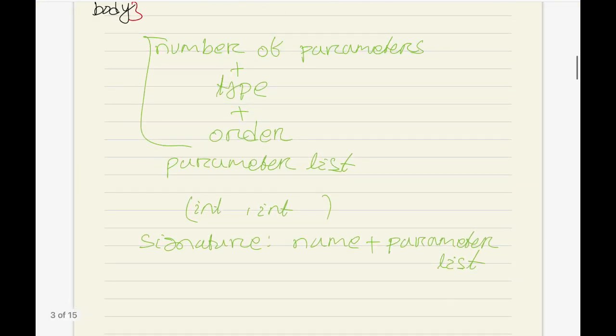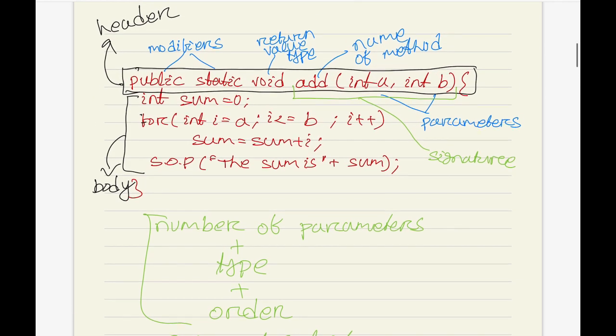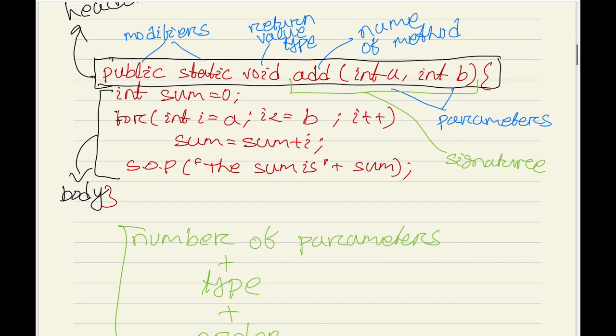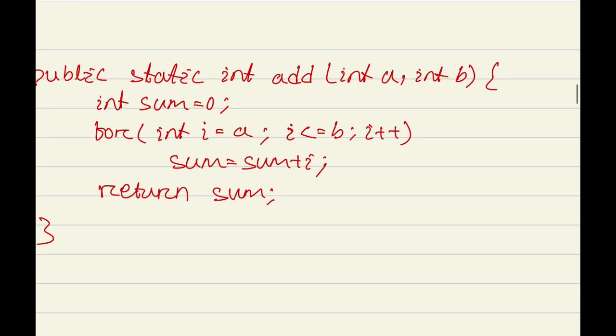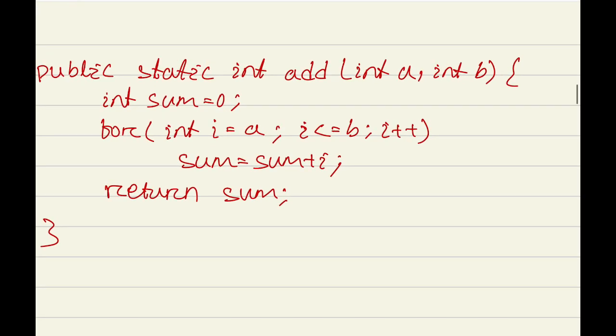So you can consider both methods are similar. Here the return value type is void, and we are printing the value of sum, but in this method we are returning the value of sum and the return type is int.